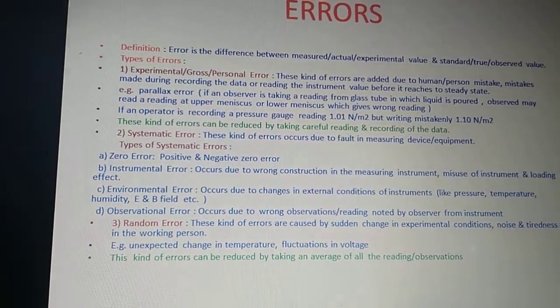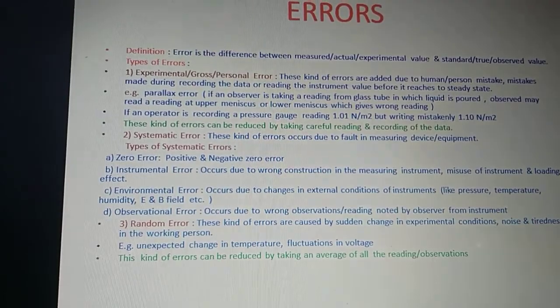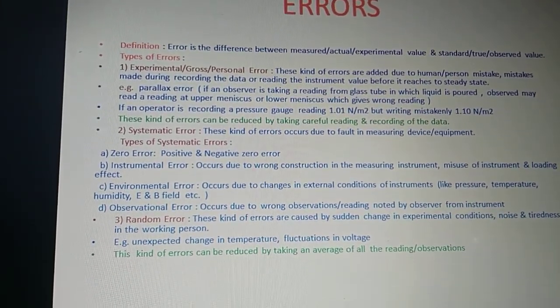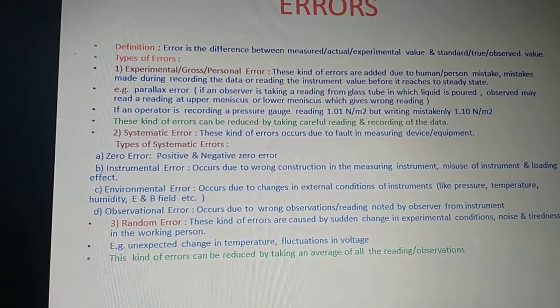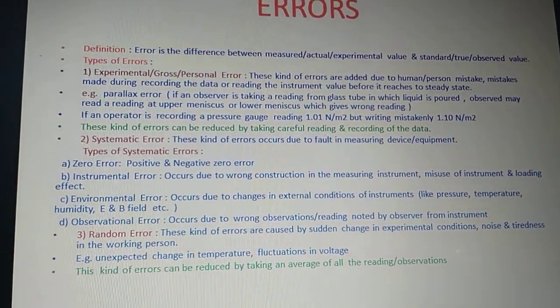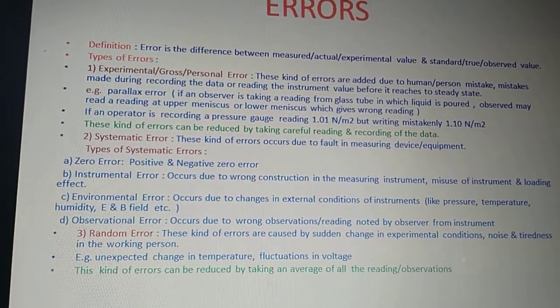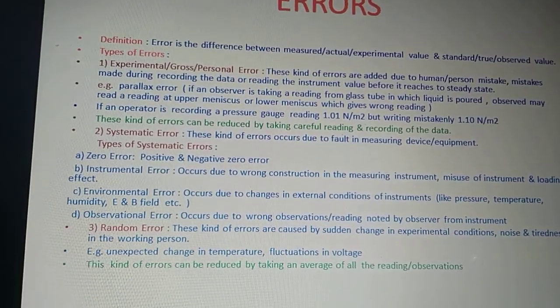Now let's move to the next topic, and the next topic is error. What is meant by errors? You have been studying these errors since the 11th standard. Error is defined as the difference between the measured value and the observed value.